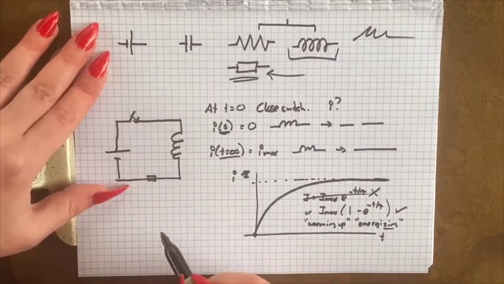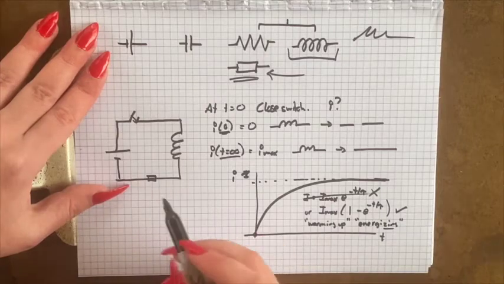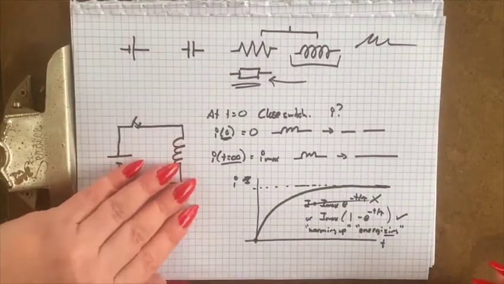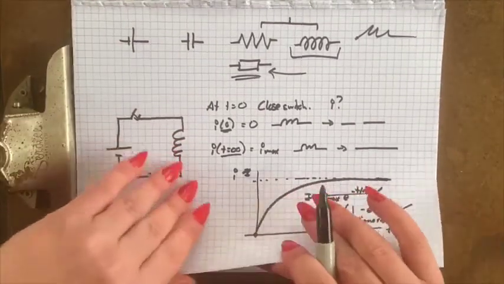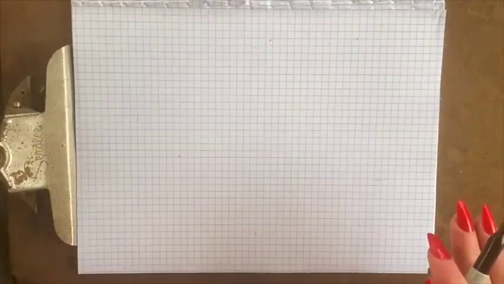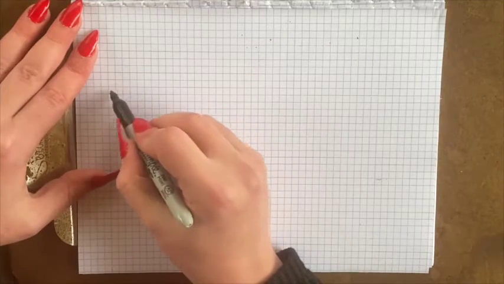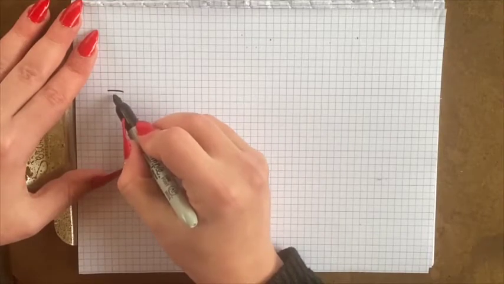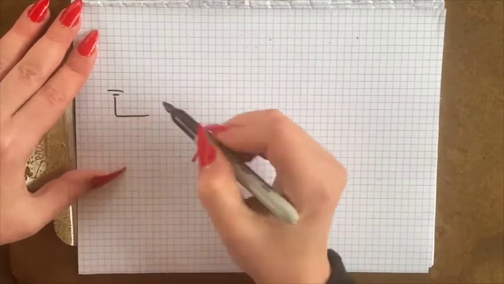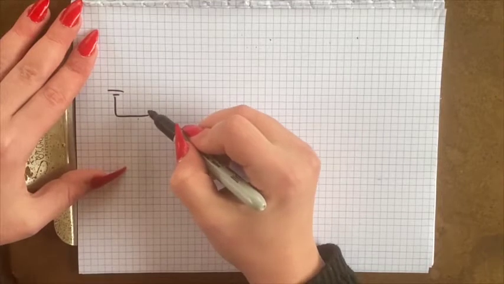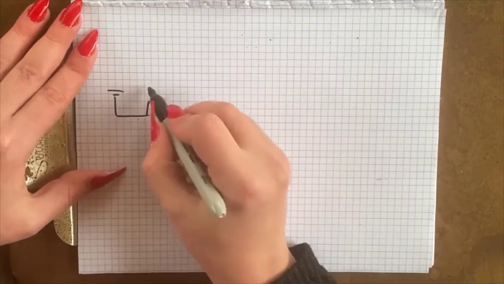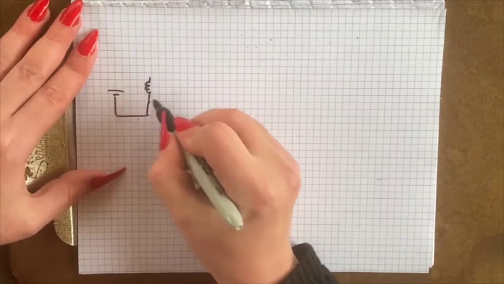Likewise, if we made this circuit a little bit different and now said, let's say that instead we made the circuit look like this, where I've got a battery, I've got an inductor.